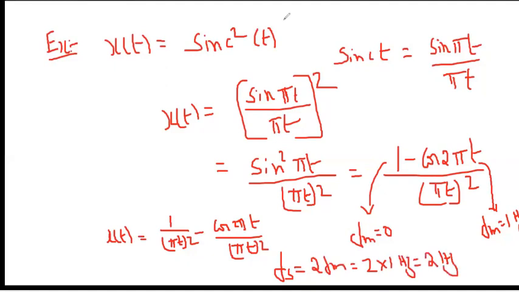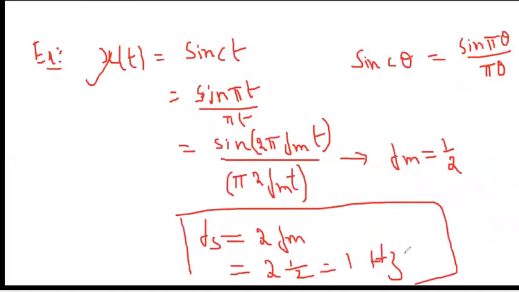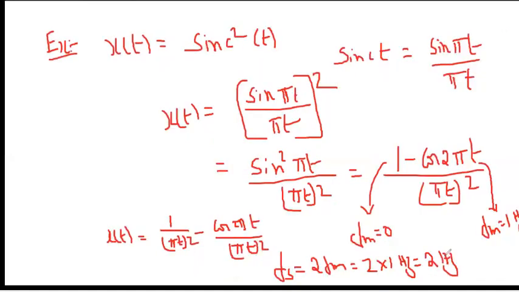Okay, my dear students, for sinc square t the sampling frequency is 2 hertz, and similarly 1 hertz for sinc t. In this we have another method to find the sampling frequency of sinc square of t. Another method, the second method, you can see.